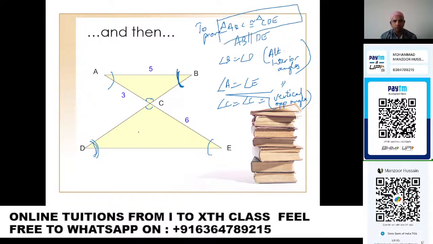Now, what can we do now? We can say that AC by CD is equal to CB by CE is equal to AB by DE. I have to calculate that.